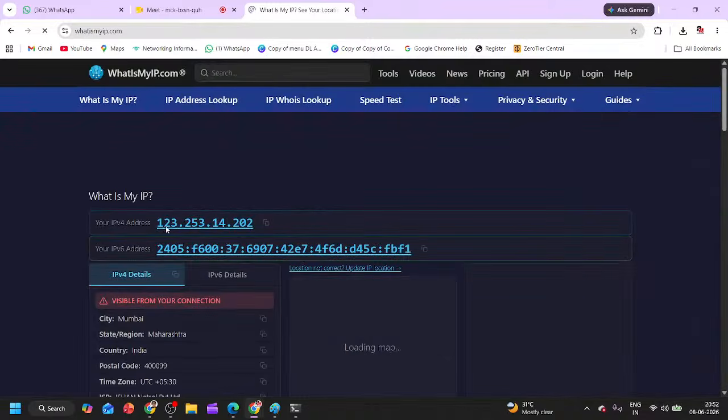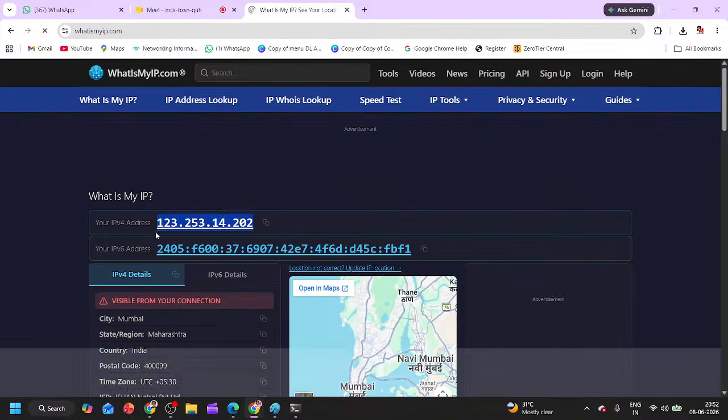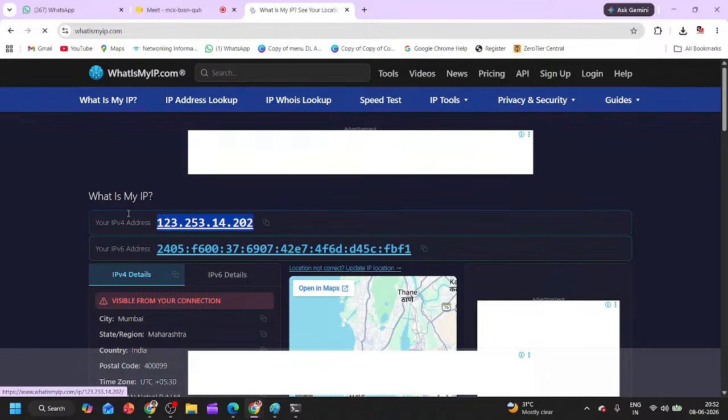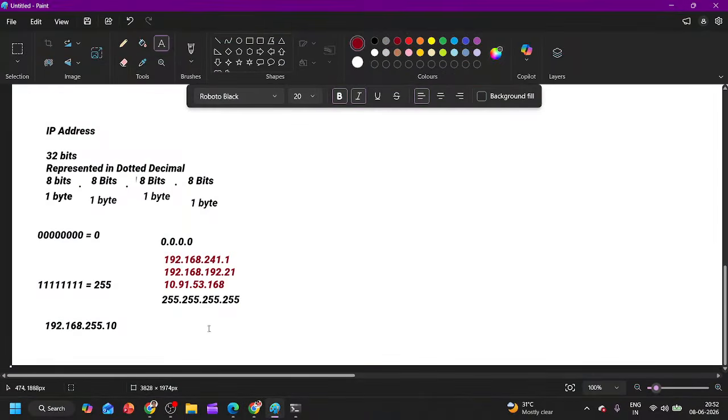You can see my public IP is 123.250.3.14.202, and you can see about my ISP and all those things. This public IP and all the IP addresses are from my range only, correct? Any IP outside of this range is an invalid, incorrect IP address.